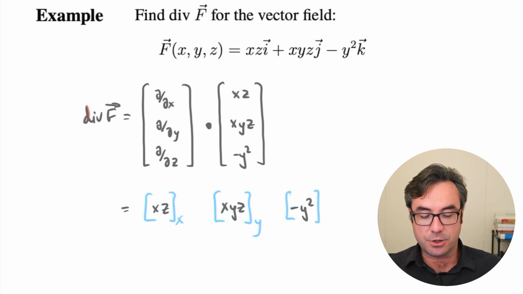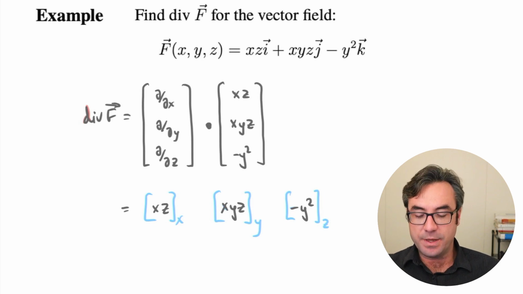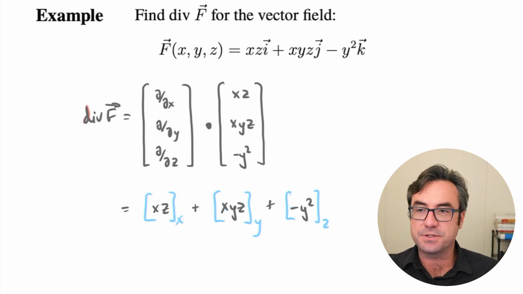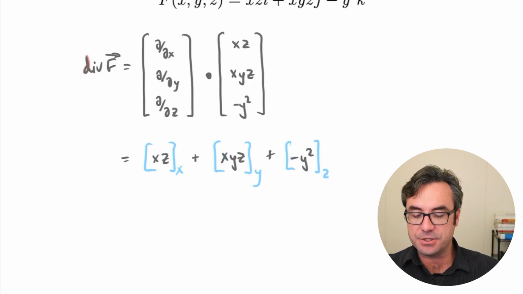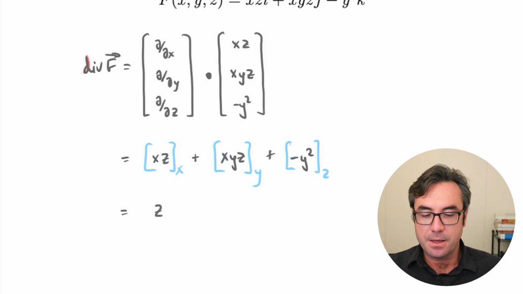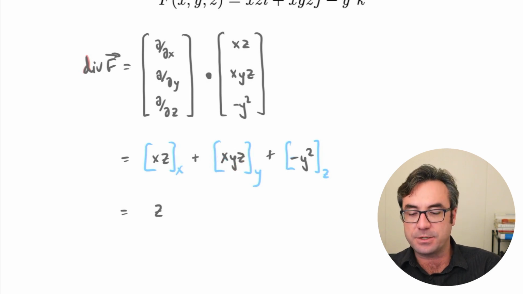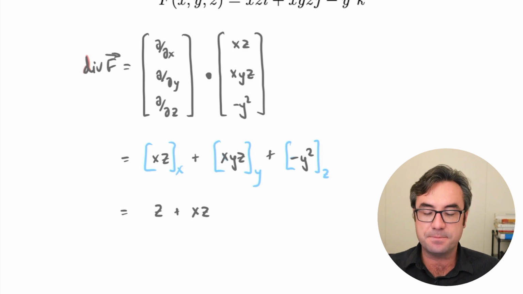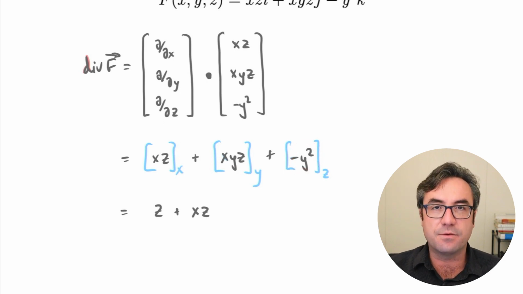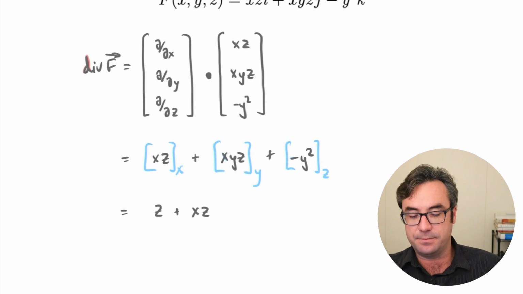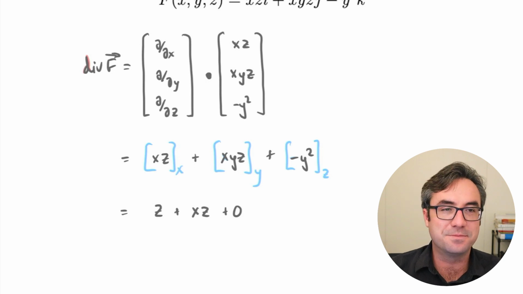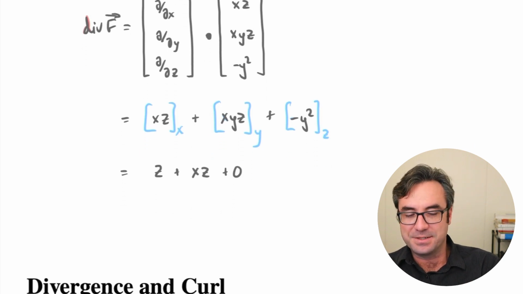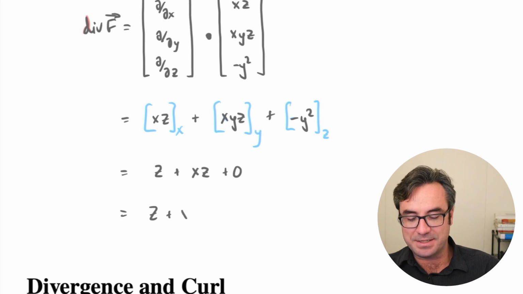And then when we do this, we add up the results, and that's the dot product. All right, so now let's finish differentiating. The partial derivative of xz with respect to x is just z. The partial derivative of xyz with respect to y is xz. And the partial derivative of negative y squared with respect to z is 0. We don't normally write 0. So we end up with z plus xz.